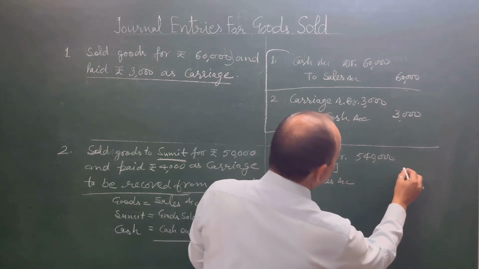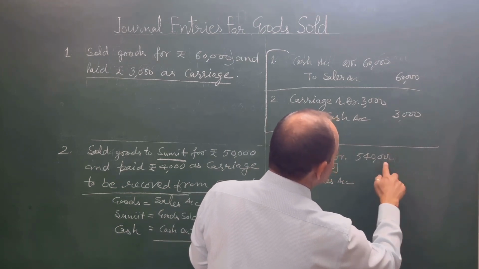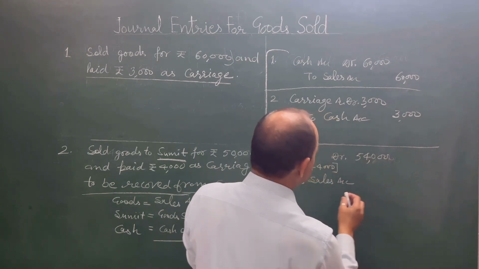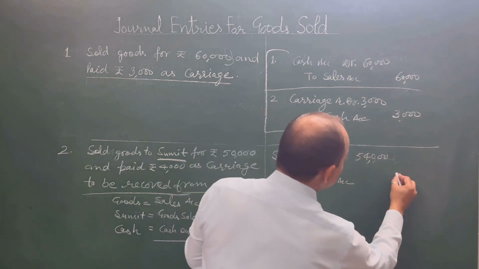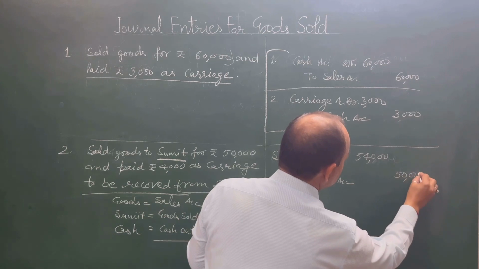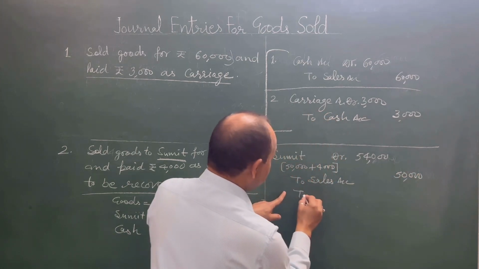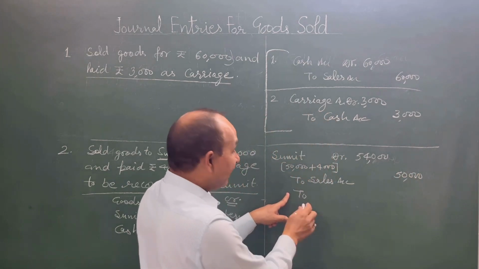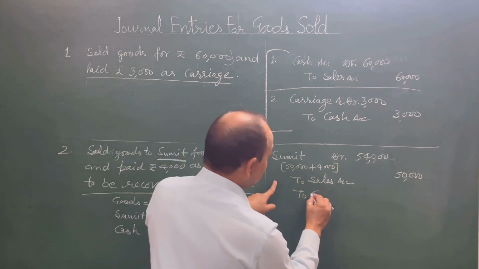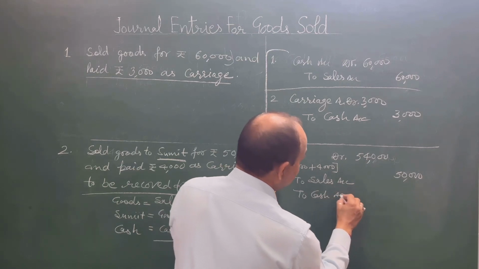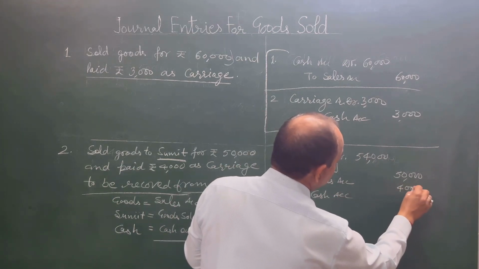Our revenue amounting to rupees, sorry, this is 54,000, I correct this. To sales account, sales amounting to rupees 50,000, and cash is going out. Why? Because we made the payment of carriage on behalf of Sumit, to cash account amounting to rupees 4,000.